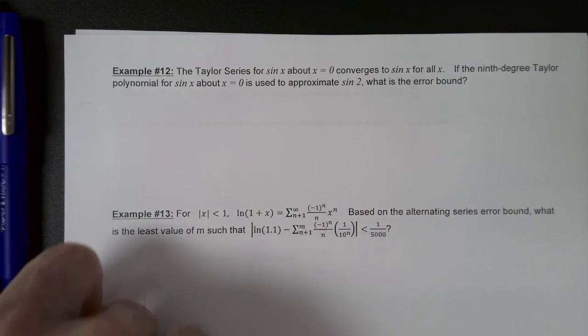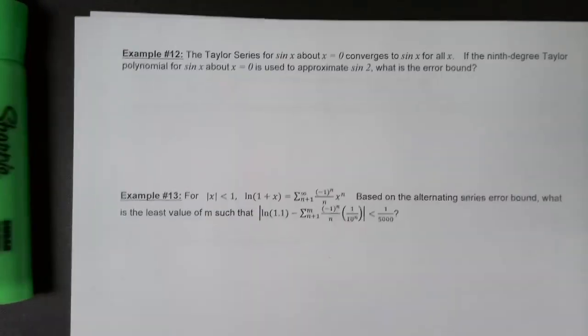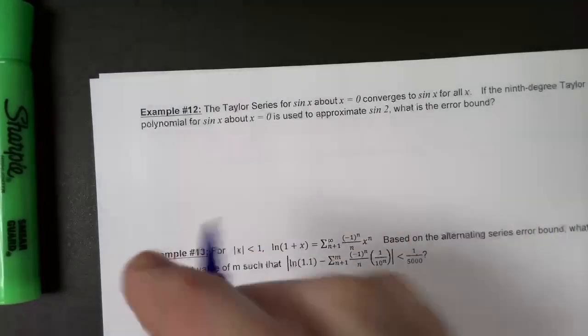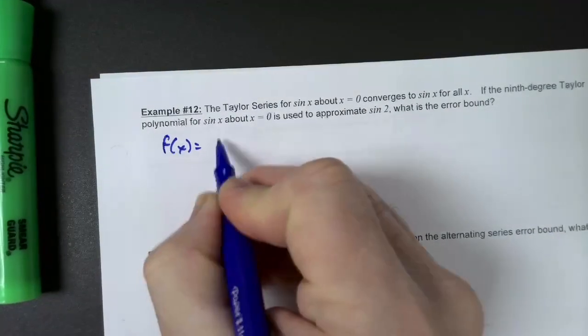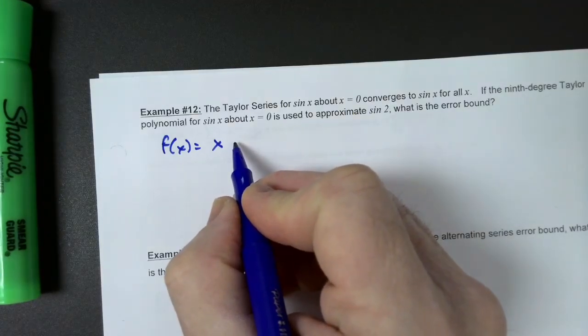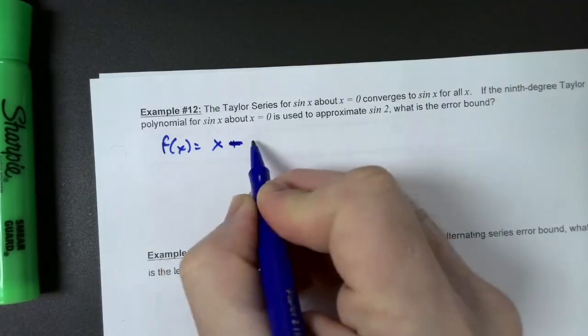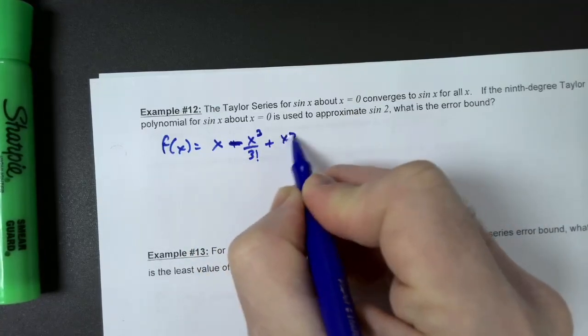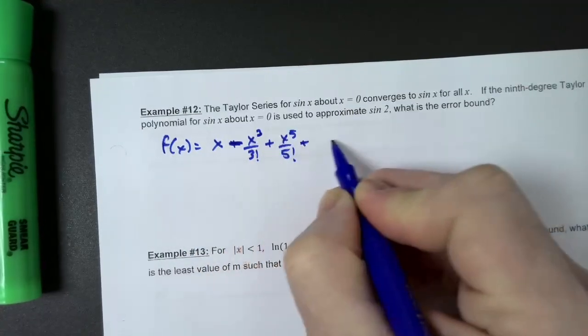Now, the nice thing about this one is we know that this sine curve, or f of x, remember this is odd, it's going to be x minus x cubed over 3 factorial plus x to the 5th over 5 factorial, and so on.